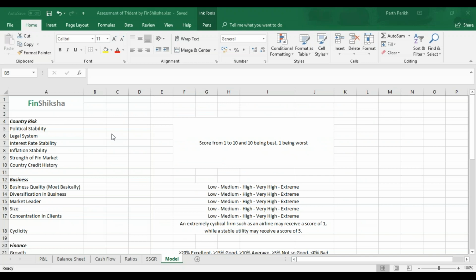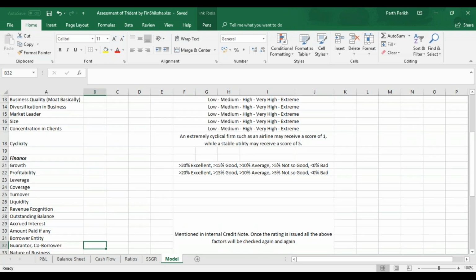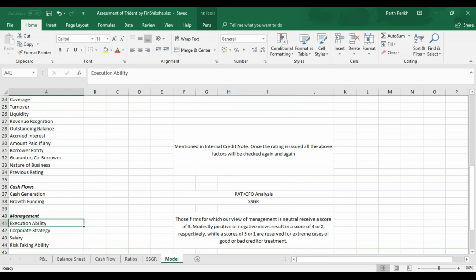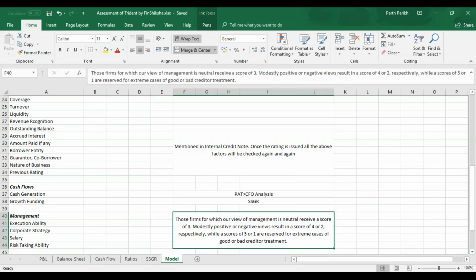Okay, so these are the parameters which companies will take you through. We were discussing the percentage, 10%, 90%, that nobody knows unless you are in the business. So currently, we are discussing this management ability. So the management ability is basically, if the management is extremely good, then they will have a score of 5, or otherwise they will have a score of 1.